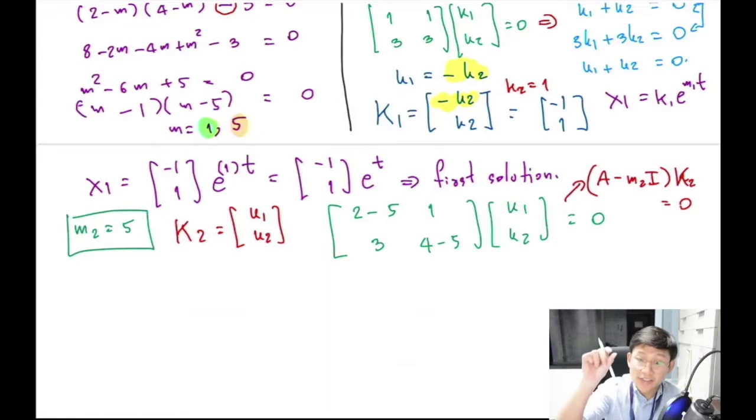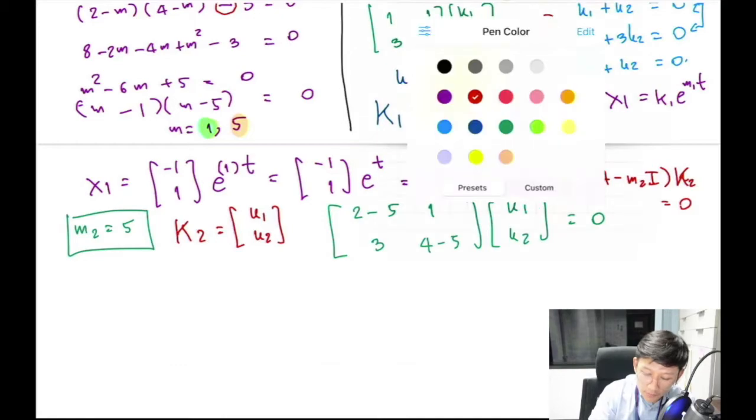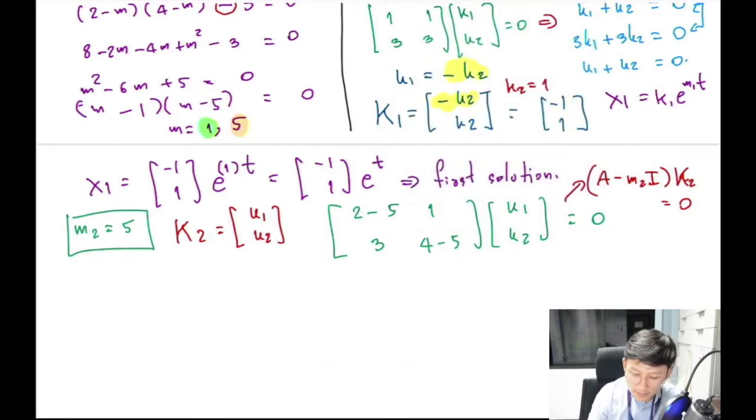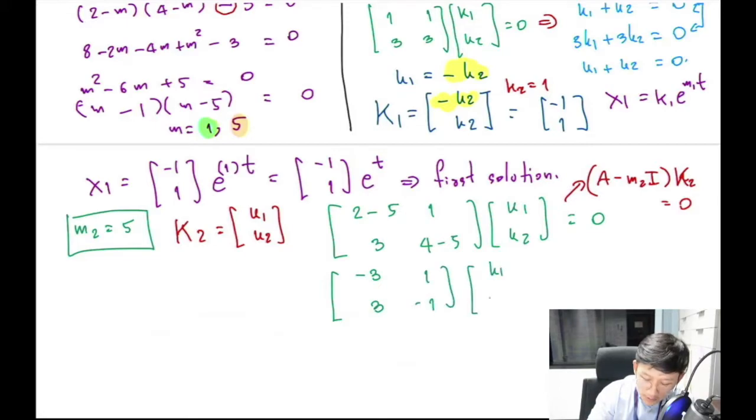So here we have minus 3, 1, 3, minus 1, and k1, k2 equals 0.